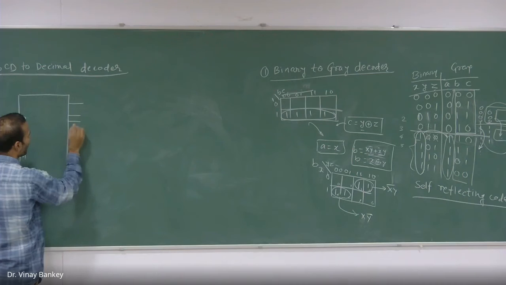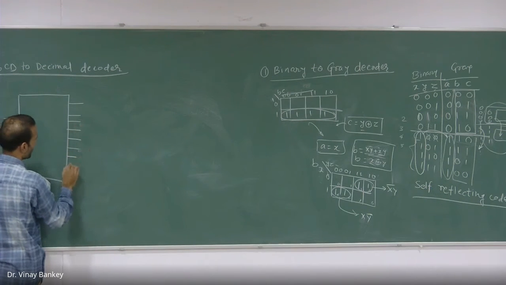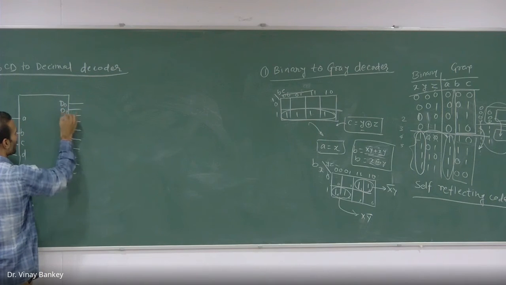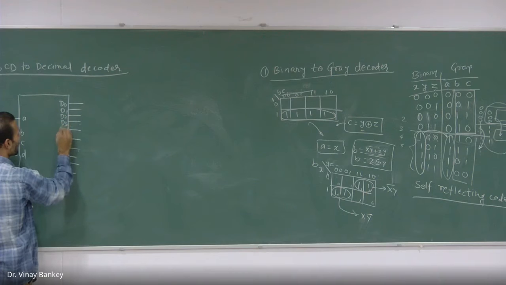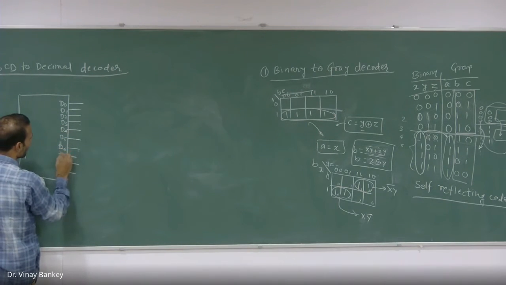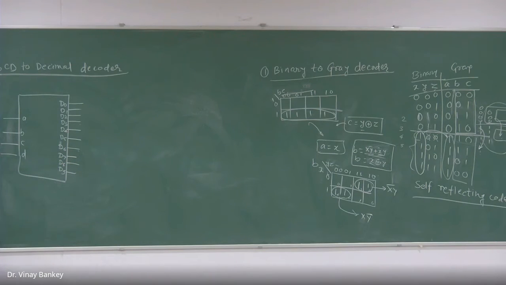And here you have D0, D1, D2, D3, D4, D5, D6, D7, D8, and D9. Correct. So you can write the truth table for this.